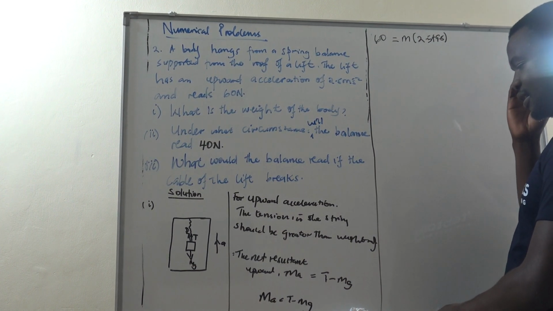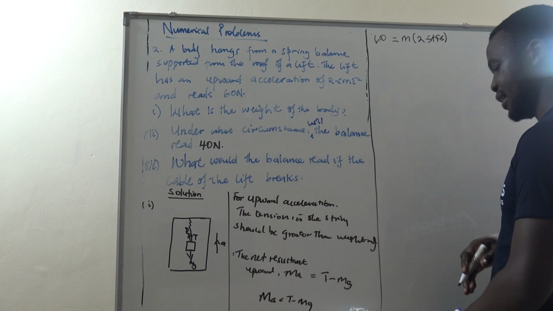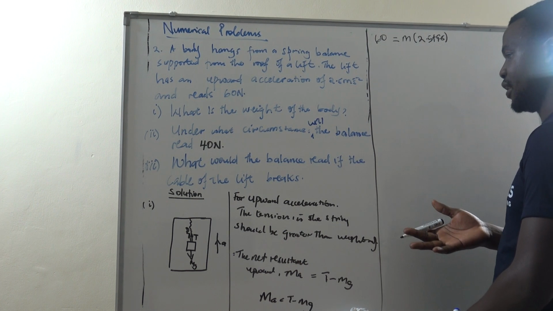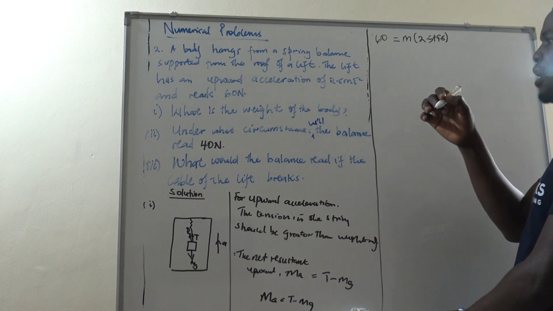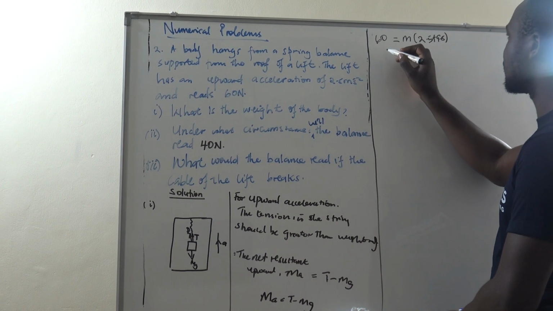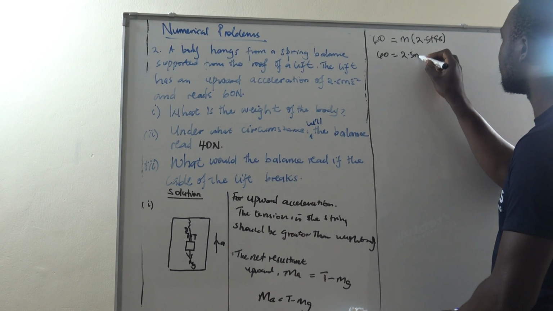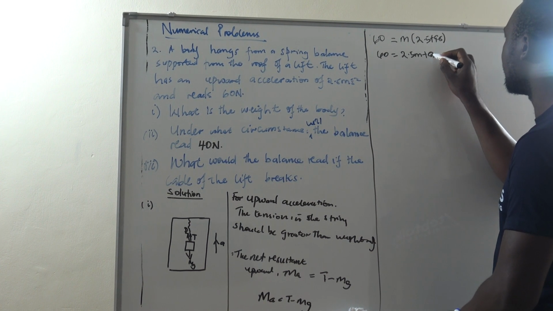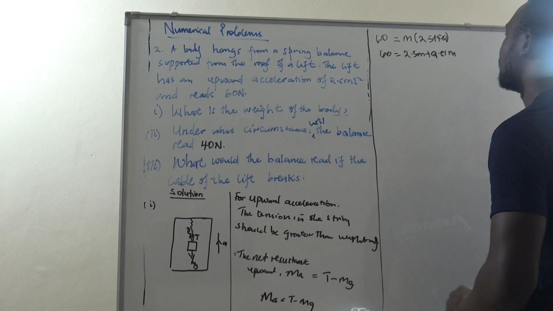Now they wanted weight, and we know that weight is mg. If weight is equal to mg, what does this tell us? We don't have the mass of the body, so we have to first get the mass if we must get the weight. So 60 is equal to 2.5m plus 9.81m.